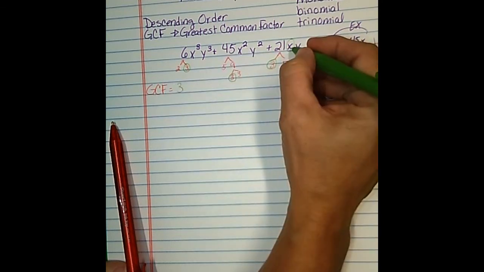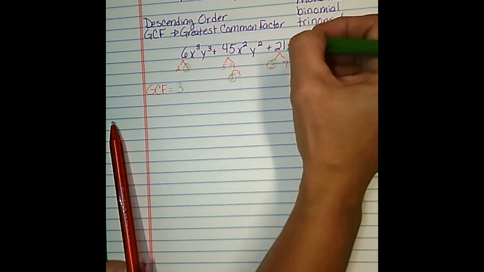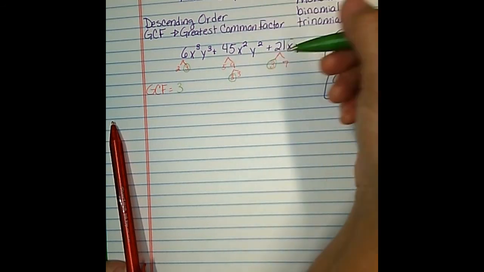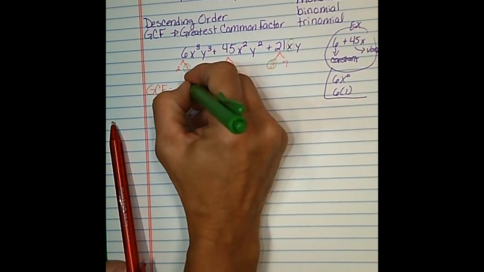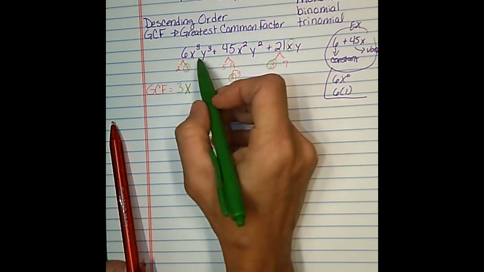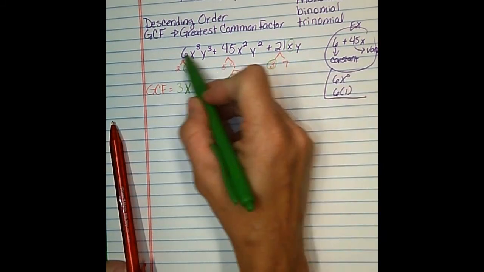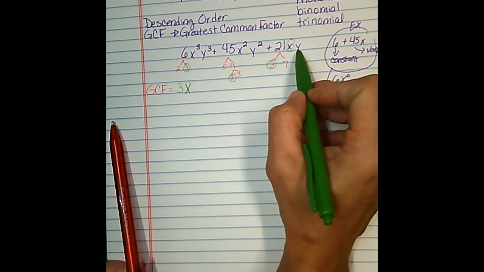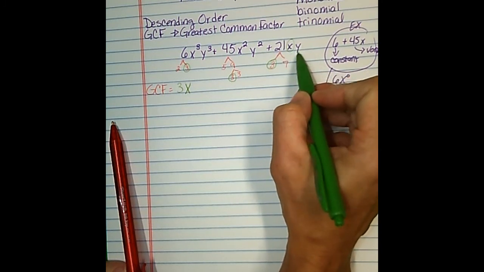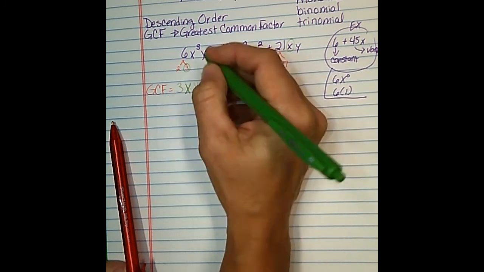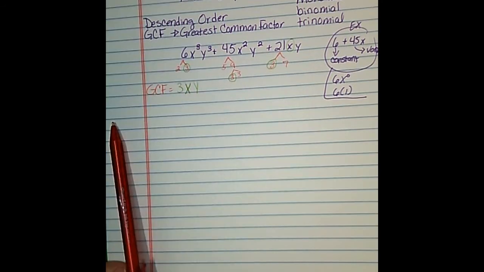Because I can't pull 3 x's out of 1. And all 3 of them do have an x term, so that is going to be part of my GCF. Then I go look, I have y cubed, y squared, y, and again, all 3 of them have a y value, and at most, I can pull out 1 y to the first. So my GCF here is 3xy.